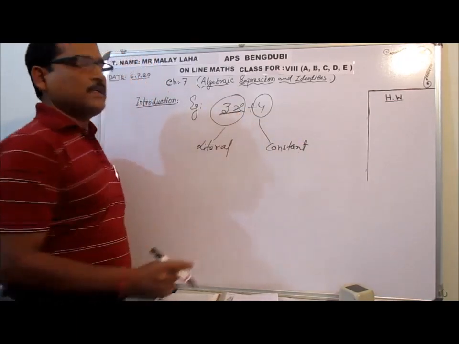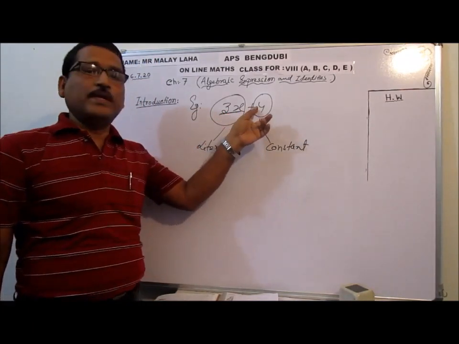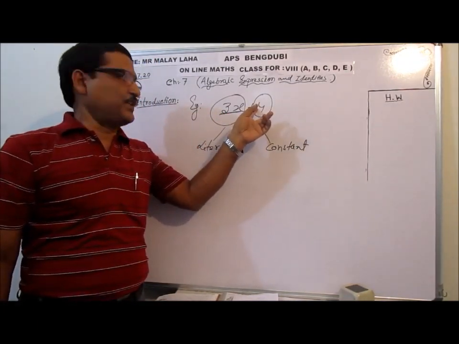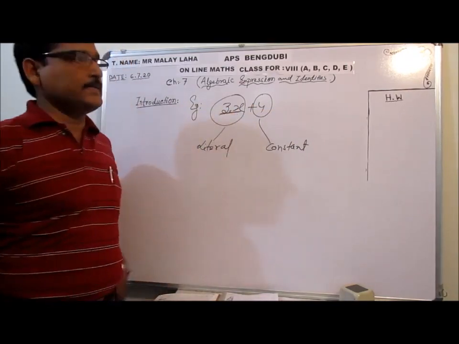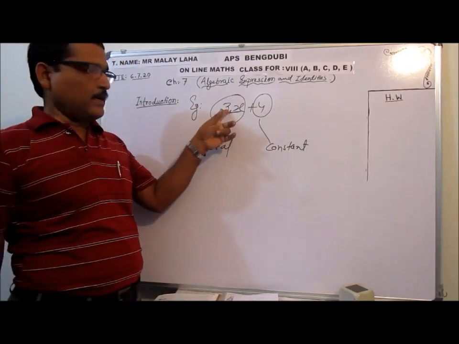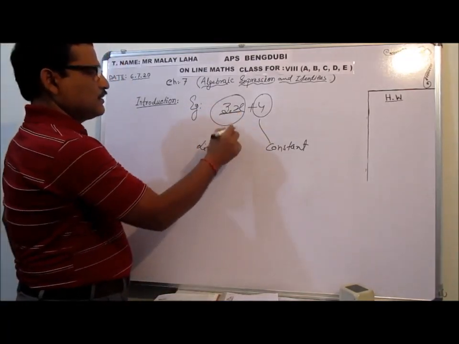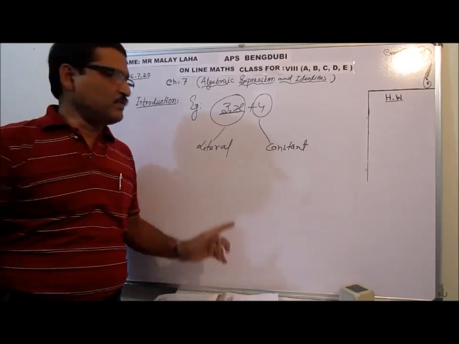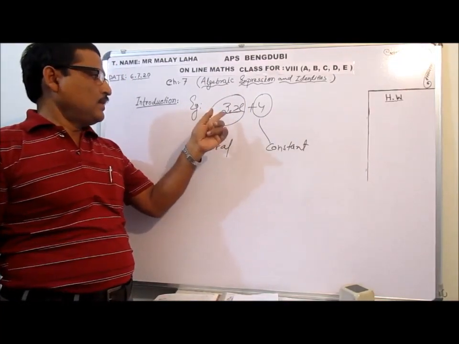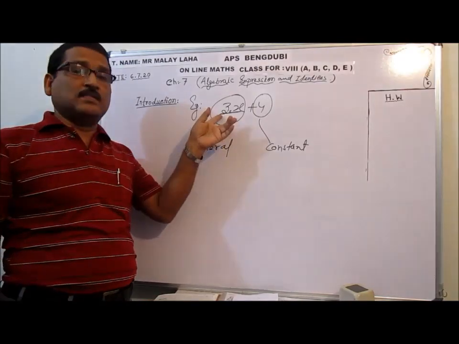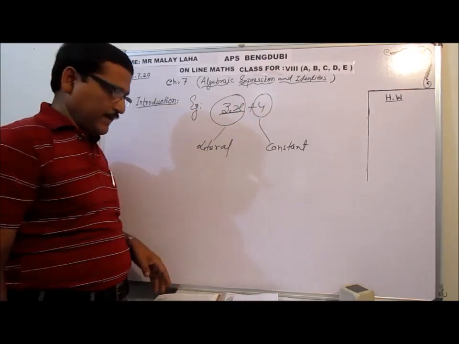Here literal factor and numerical factor both are there, and 4 is only a numerical factor, called a constant. In between two factors, always remember there is a multiplication sign. Are you clear? An expression may consist of both types of factors, or sometimes only one. Clear?